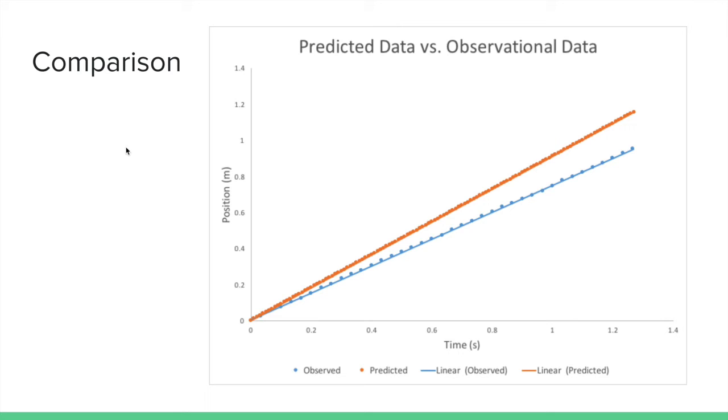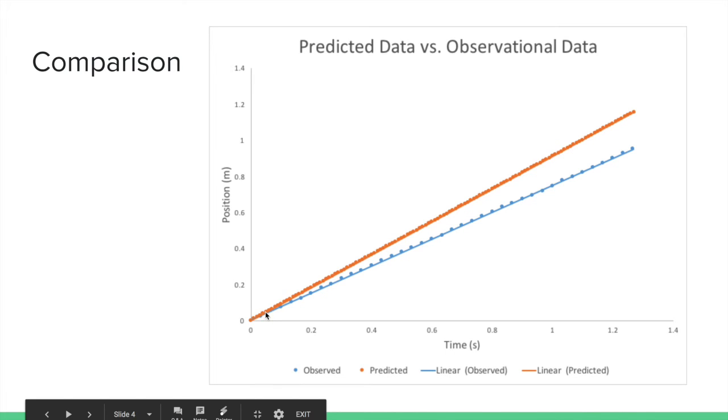Here's the comparison between the predicted and observational data. As you can see, there's a differentiation between the two data types. This is mainly due to friction and air resistance on the ball in the observational model.